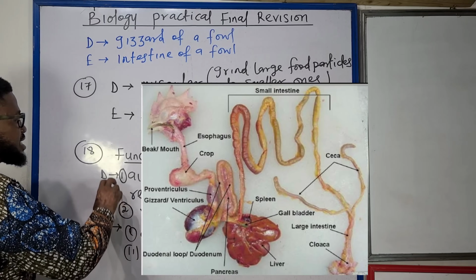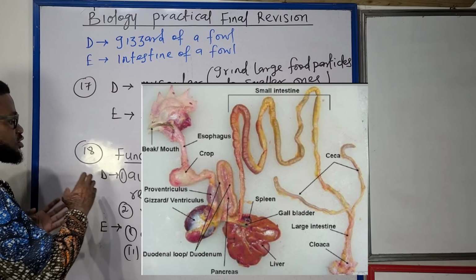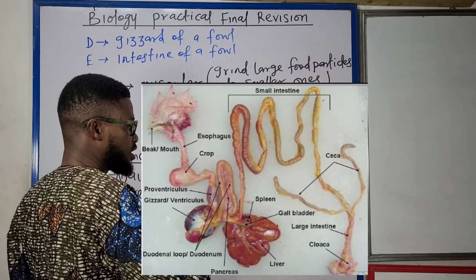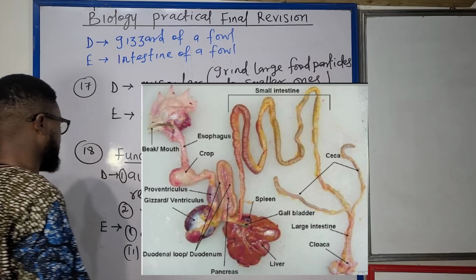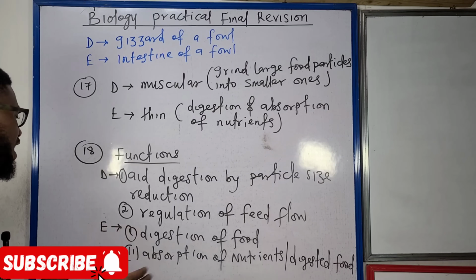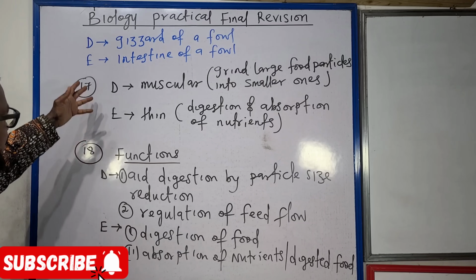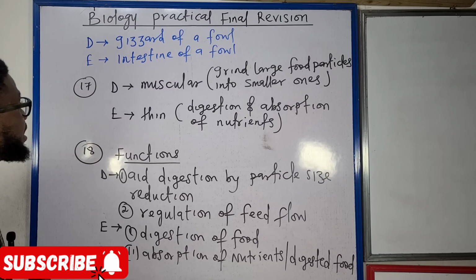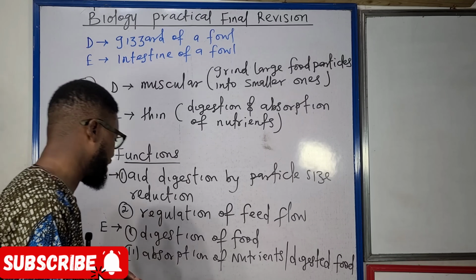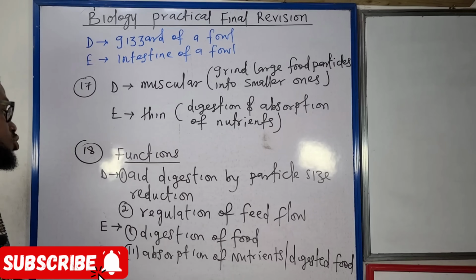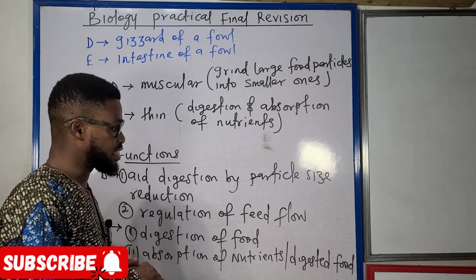So you see that the gizzard sort of helps in regulation of feed flow, so that it is not too fast. And then also talking about specimen E, intestine of a fowl, the intestine proper, it is for digestion of food and absorption of nutrients or digested food.